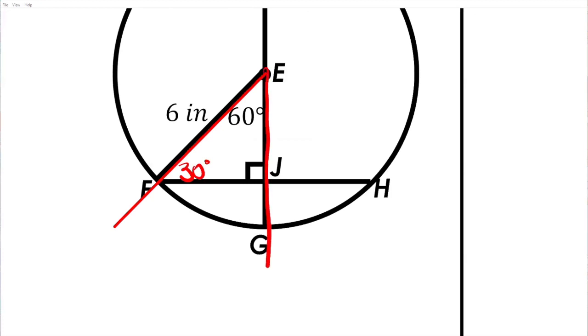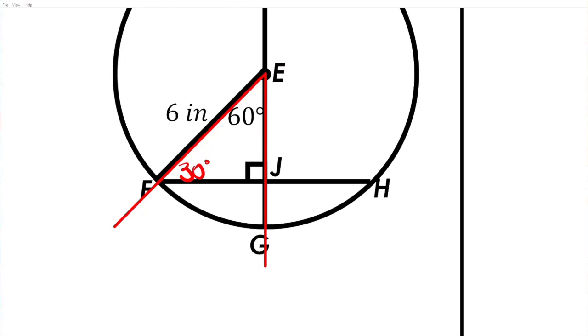What type of angle is FEG? It's a 60-degree, but where is the vertex? The vertex is on the center, so it is a central angle. Central angles are what in relation to their arcs?